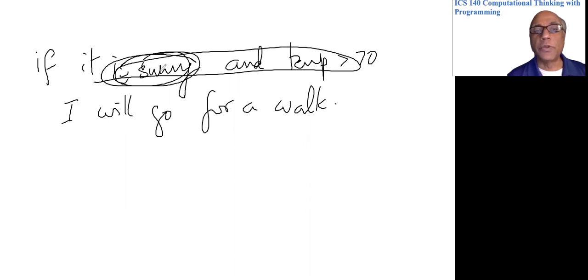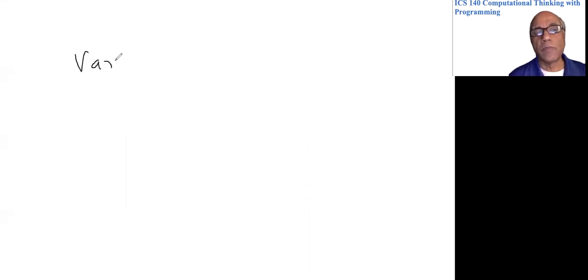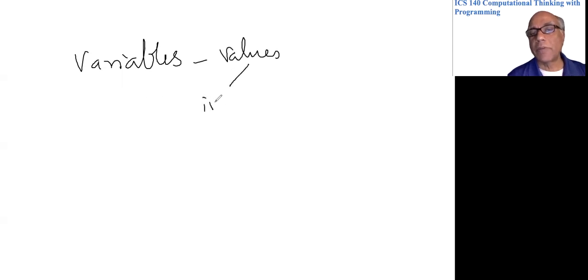So you would have variables, and they have values. Either they are from the input, where the user gave those to you, or you computed them.